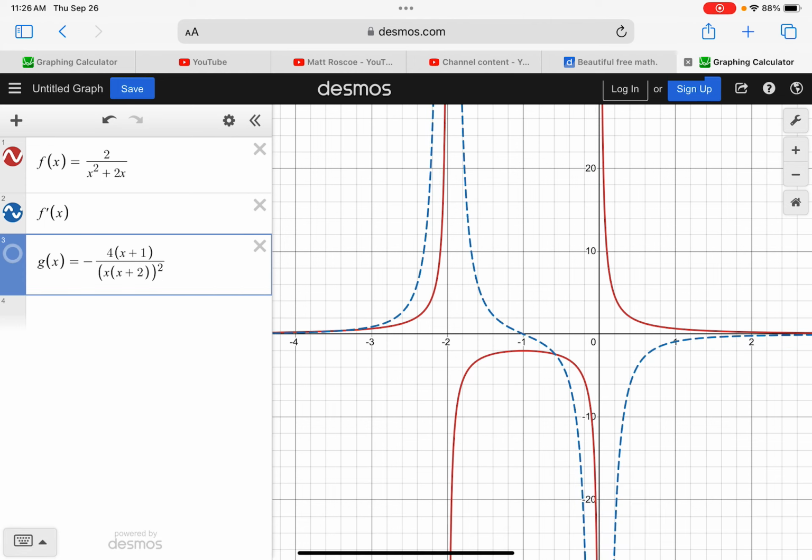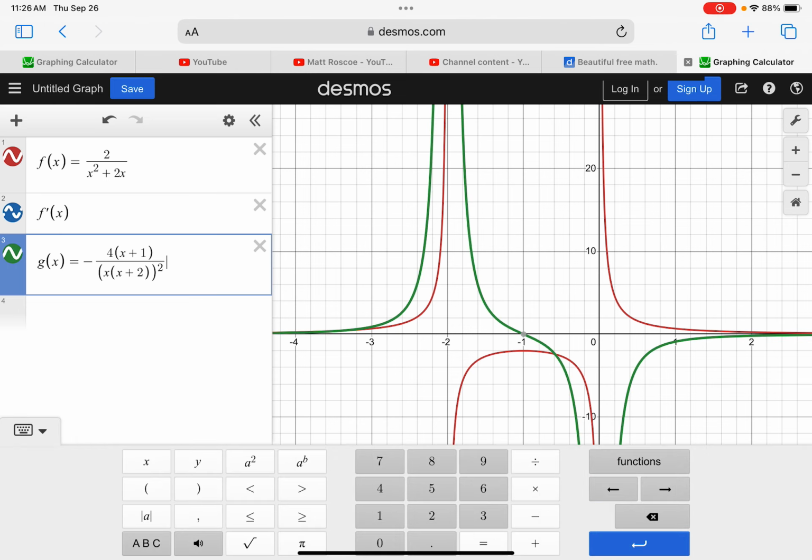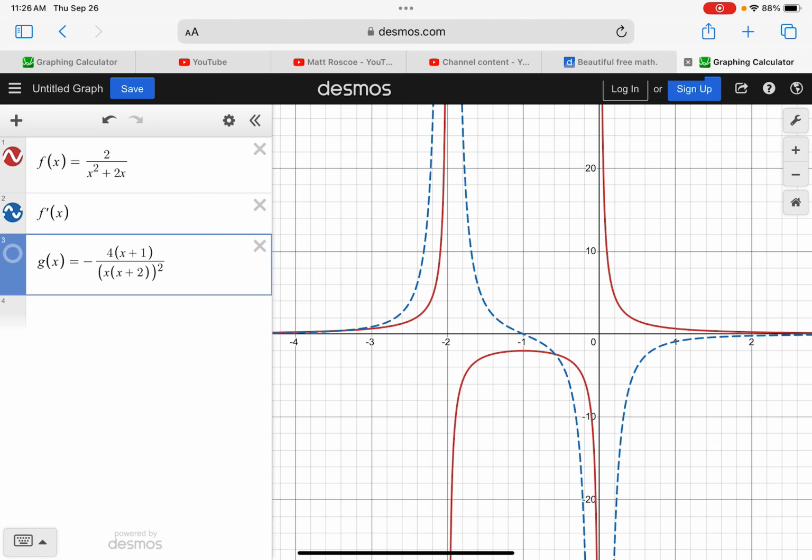And sure enough, when I turn that green function on and off, it perfectly matches Desmos's machine derivative in the blue. So we must have indeed found the first derivative. I'll start another video here to do the second example problem.